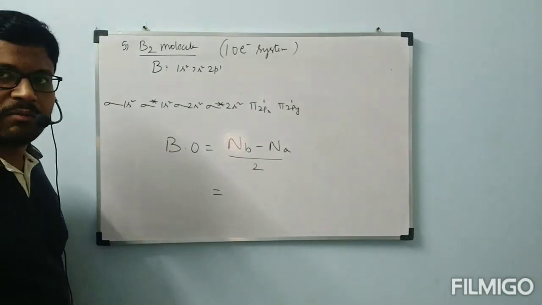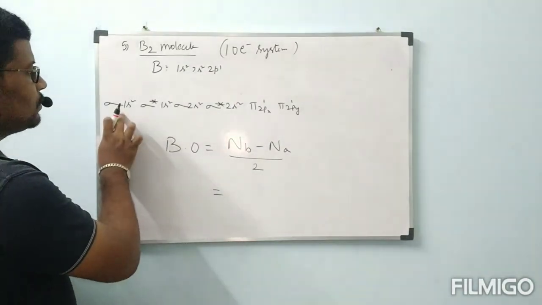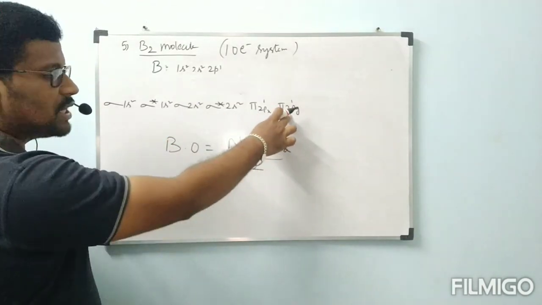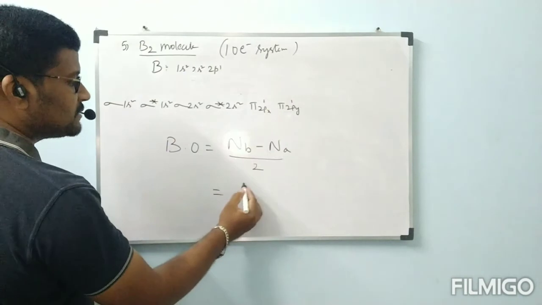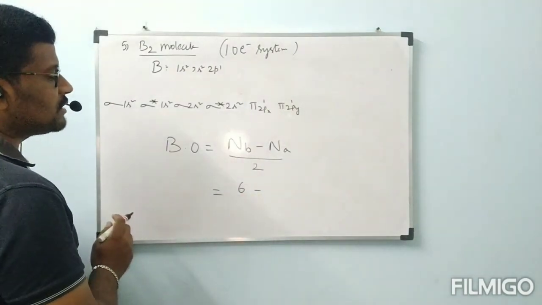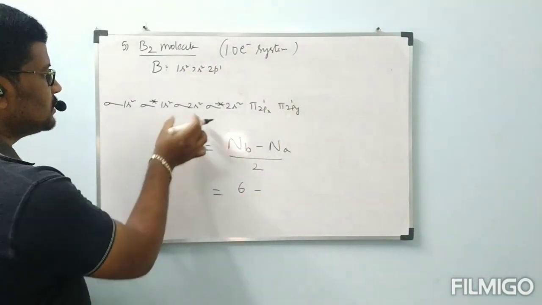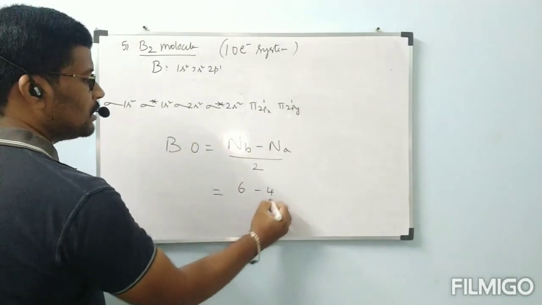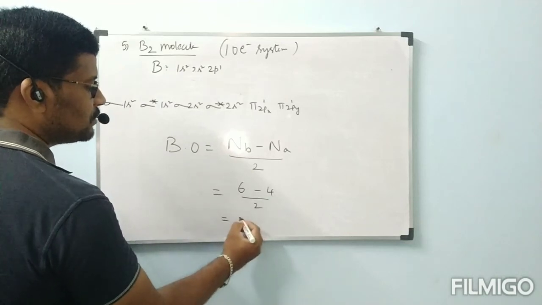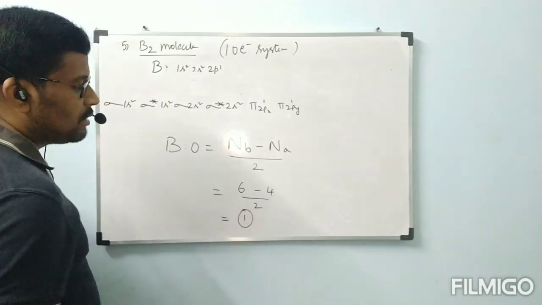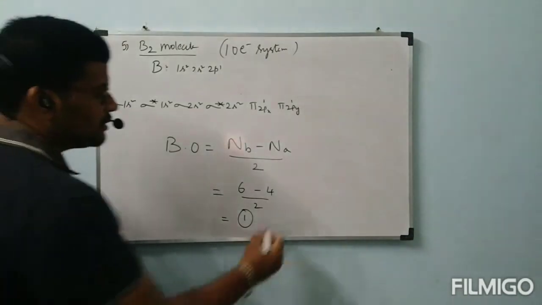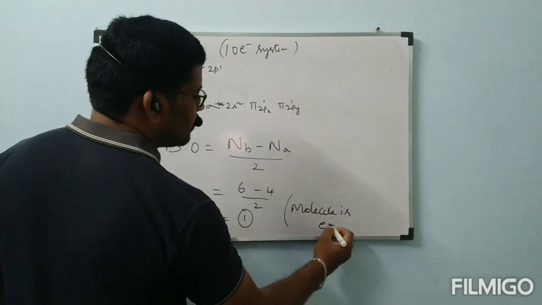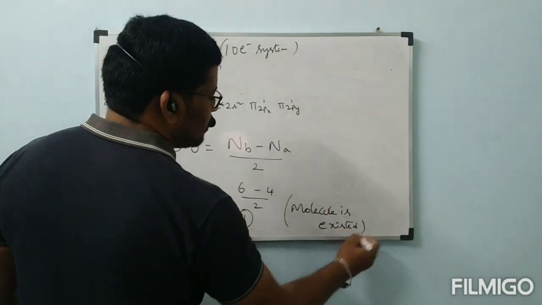Number of electrons present in bonding molecular orbitals: 2, 4, 5, 6. Without star, that is bonding molecular orbitals, total 6, minus the number of electrons present in anti-bonding molecular orbitals, 2, 4, divided by 2. 6 minus 4, 2, 2 by 2, 1. Bond order is equal to 1, so the molecule exists.